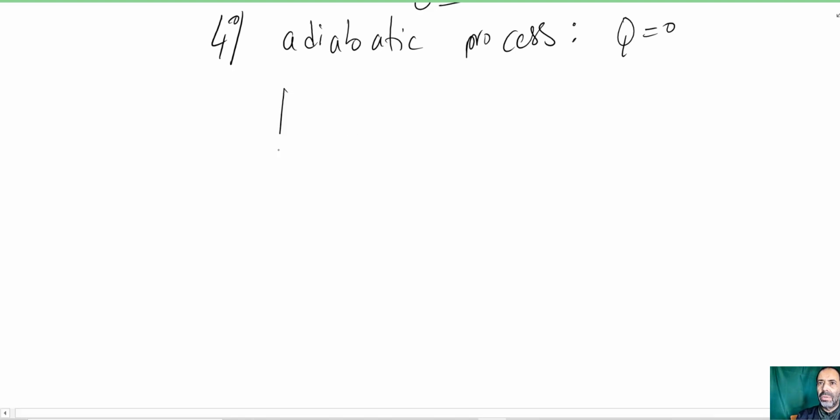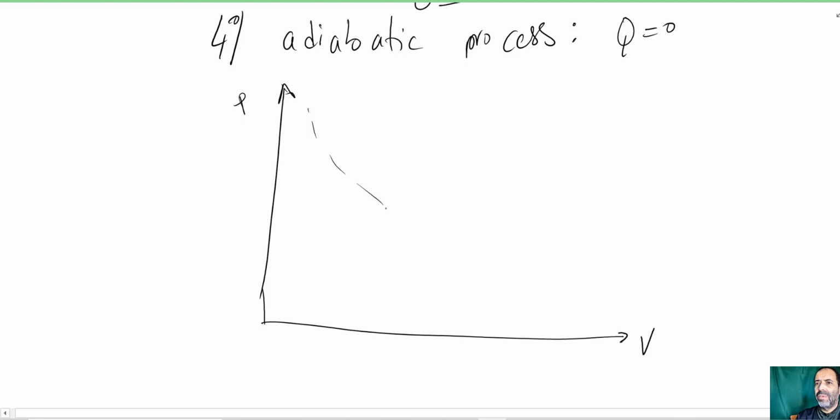So how does this look on a PV diagram? On a PV diagram, this is the volume, this is the pressure. So we have some sort of an isothermal. Let's call this one T1, for example. And we have a higher temperature. Let's call it, for example, T2.